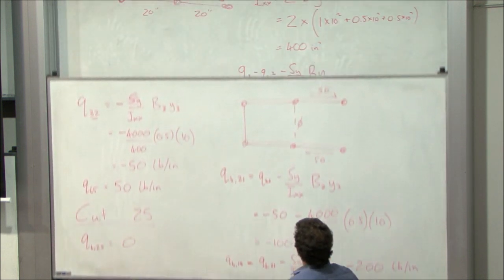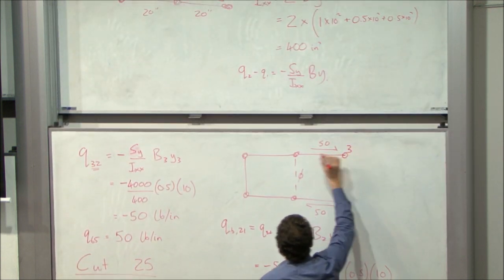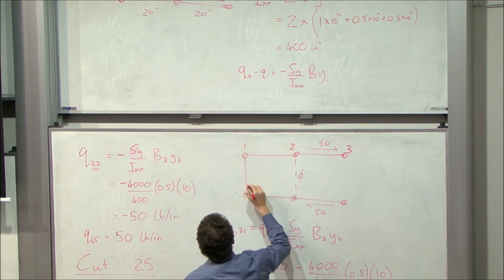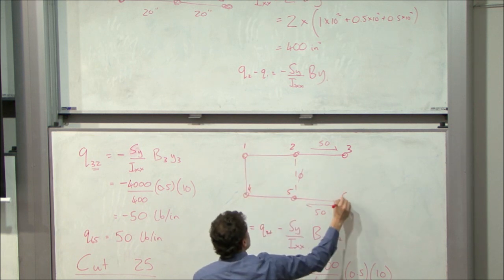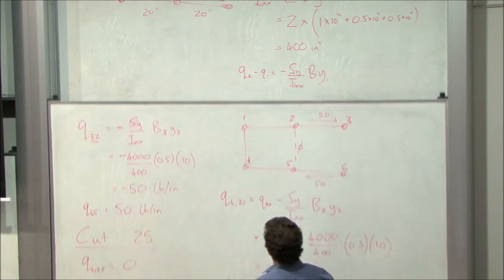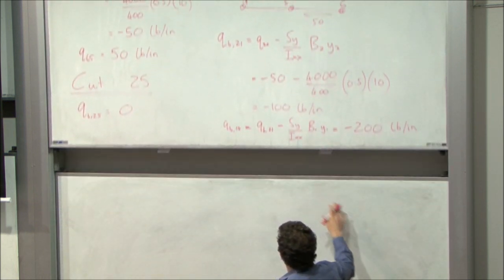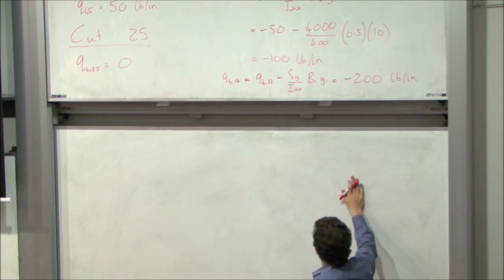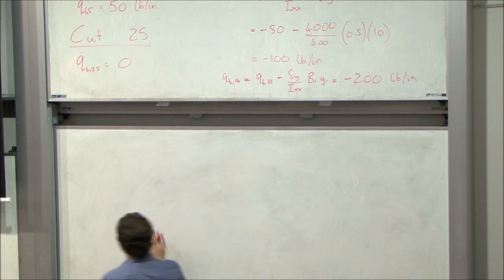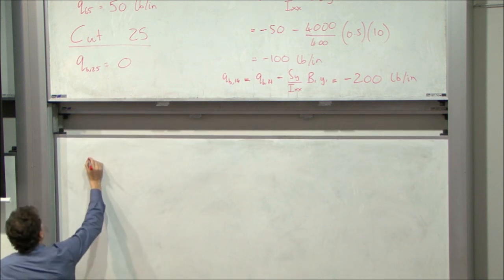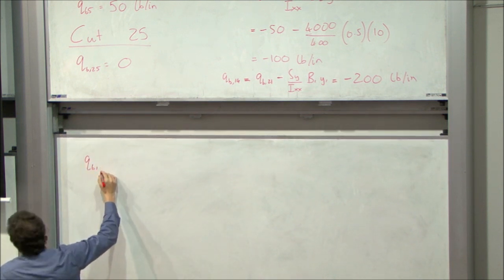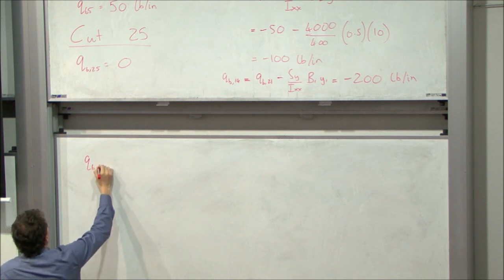Now I'm going to put some numbers on here just because I'm going to put this above the others. So I'll just number this up. Okay, so what are we left with? QB45.